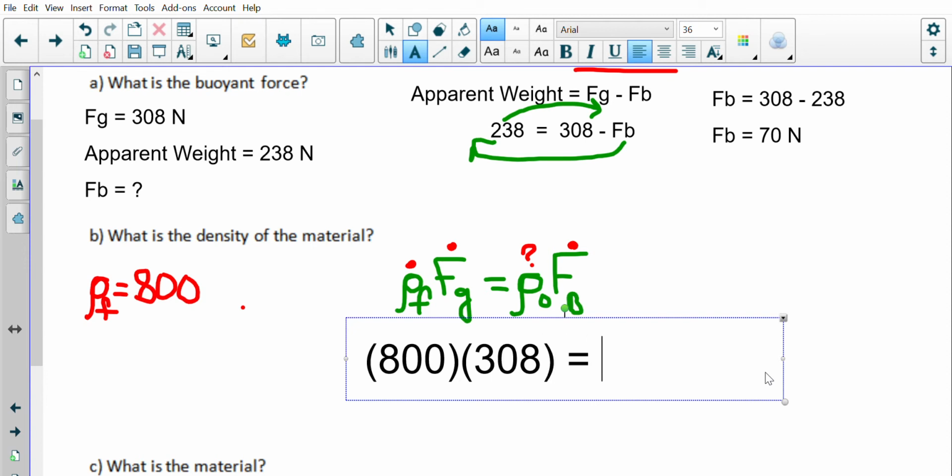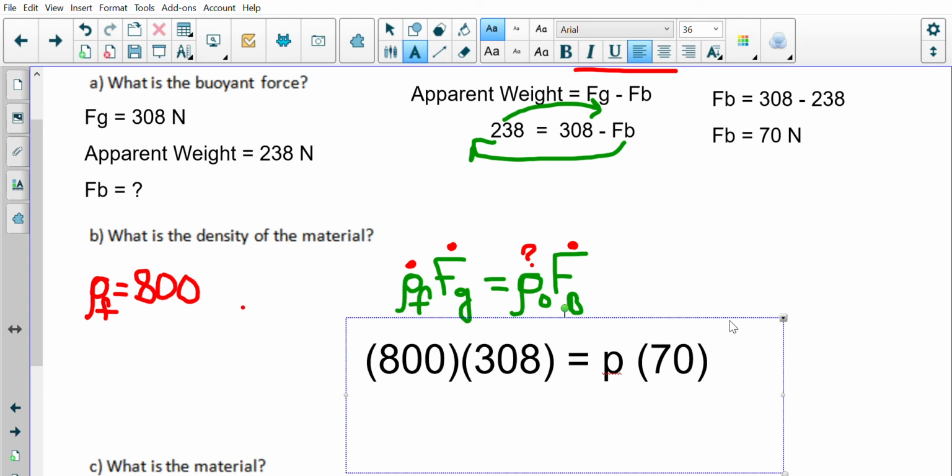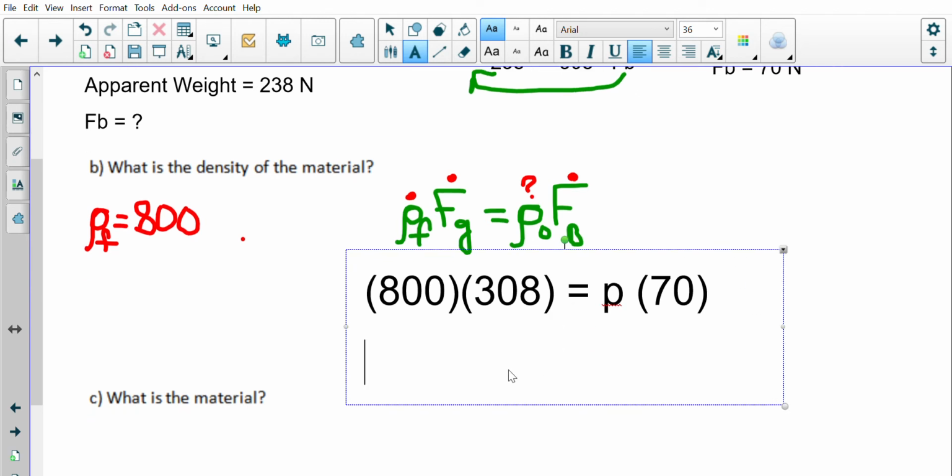It is equal to rho O, or our density of our object, times our buoyant force, which I already found out to be 70 newtons. Simplifying things here, I'm going to take 800 times 308, and I end up with 246,400, which is equal to 70 times rho.